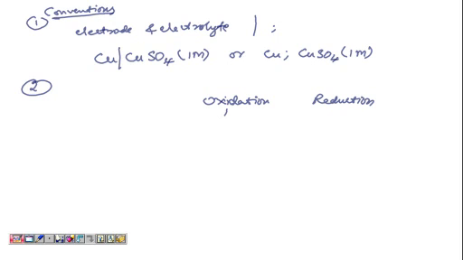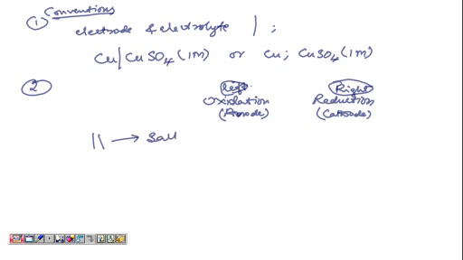The oxidation electrode is called the anode, and the reduction electrode is called the cathode. This is always the right hand side electrode, this is the left hand side electrode, and these cannot be interchanged. And the double lines are used for indicating the salt bridge.